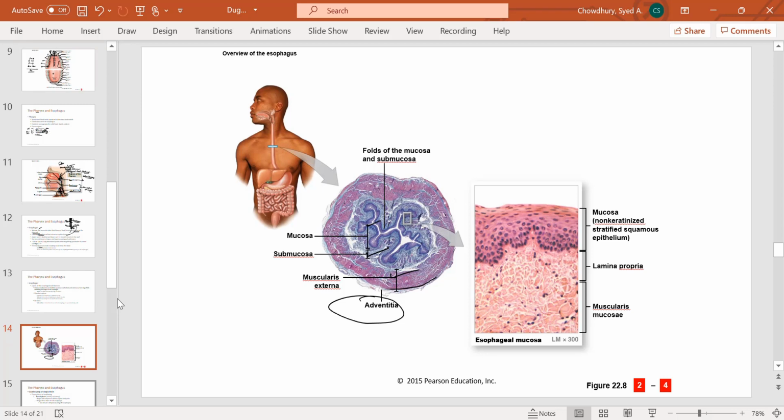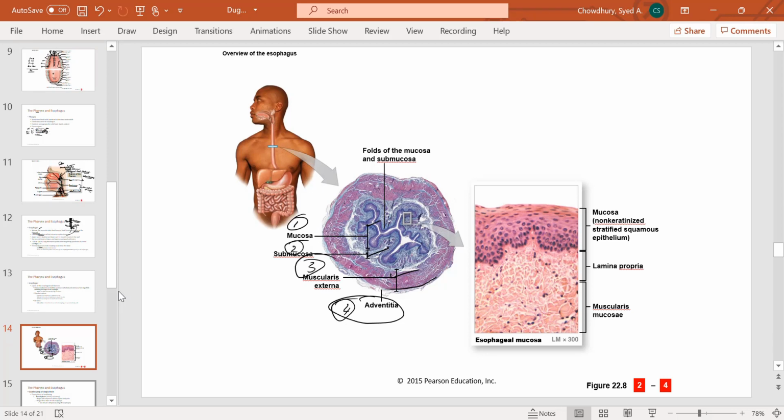Abdominal cavity has serous layer, serosa. Okay, so these are the four layers in the wall of the esophagus, from inside to outside: mucosa, then submucosa, then muscularis externa, and adventitia.